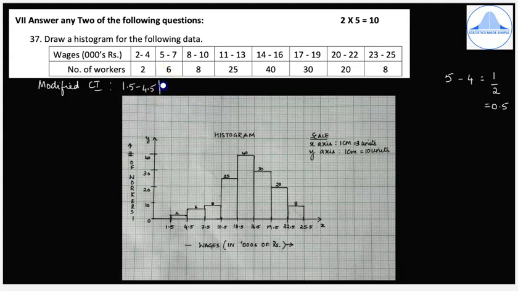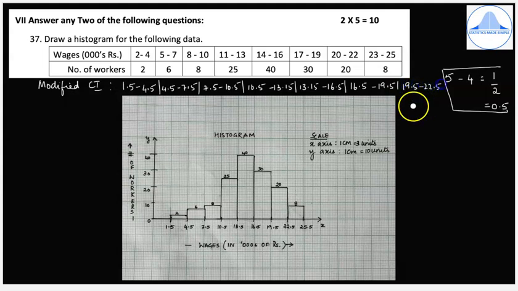Similarly, the next class interval will be 4.5 to 7.5, 7.5 to 10.5, then 10.5 to 13.5, 13.5 to 16.5, 16.5 to 19.5, and then you have 19.5 to 22.5, and the last class interval is 22.5 to 25.5.